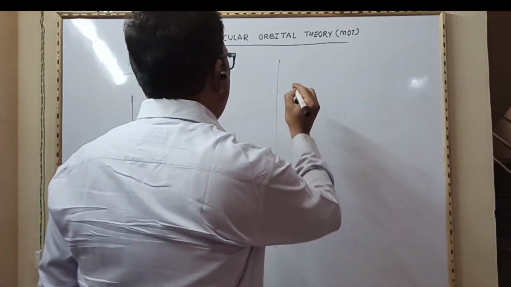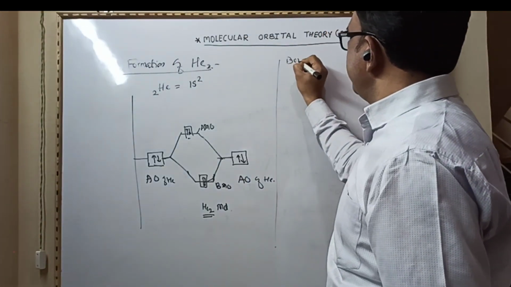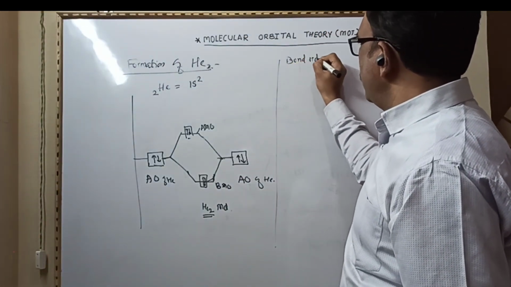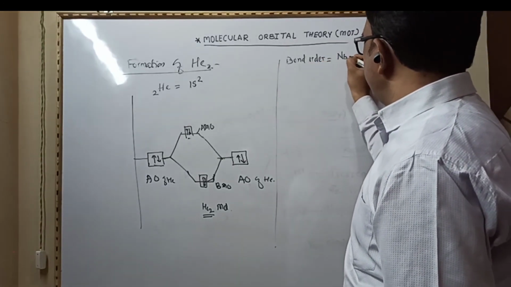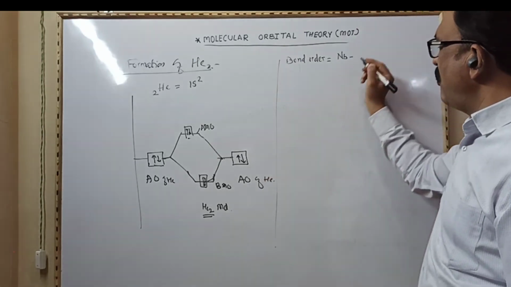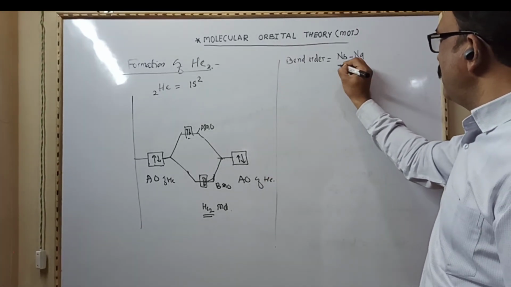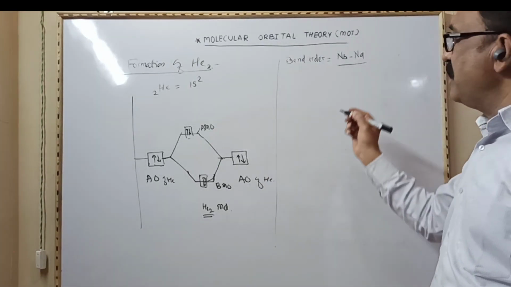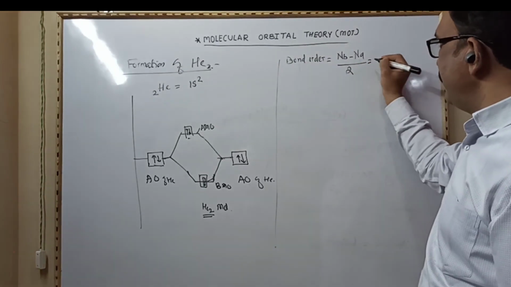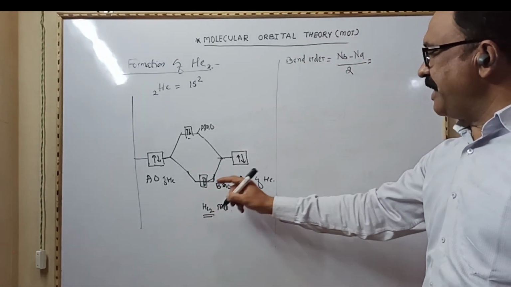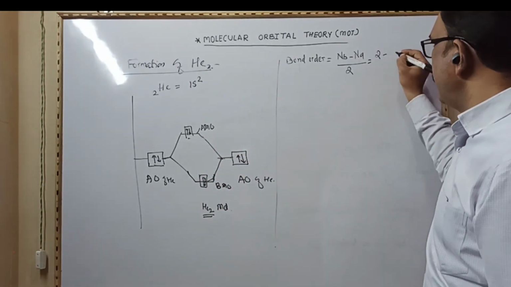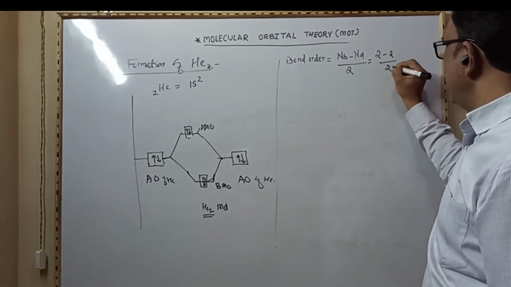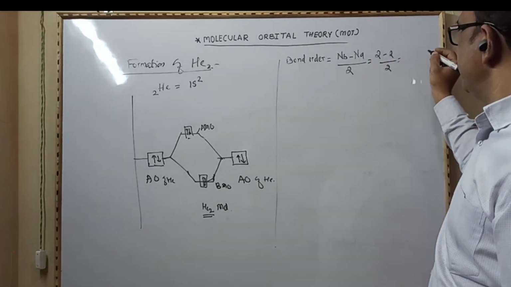Then the bond order. The bond order is equal to the number of electrons present in the bonding molecular orbital minus the number of electrons present in the anti-bonding molecular orbital, divided by 2. Here, 2 electrons are present in bonding and 2 electrons are present in anti-bonding, so 2 minus 2.